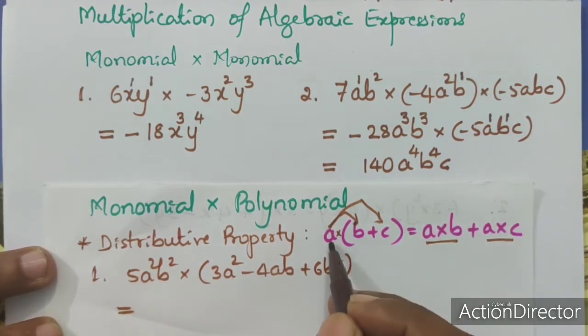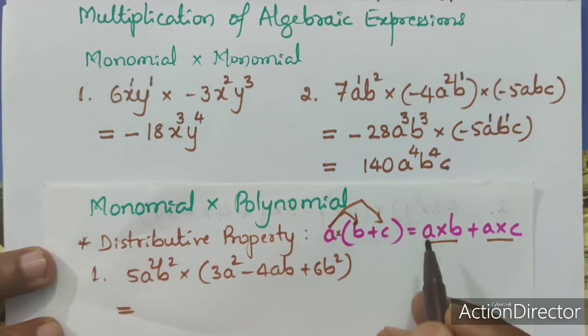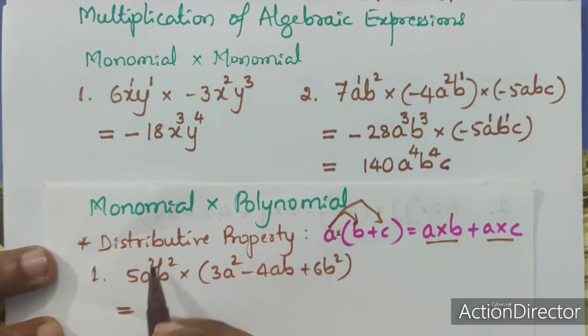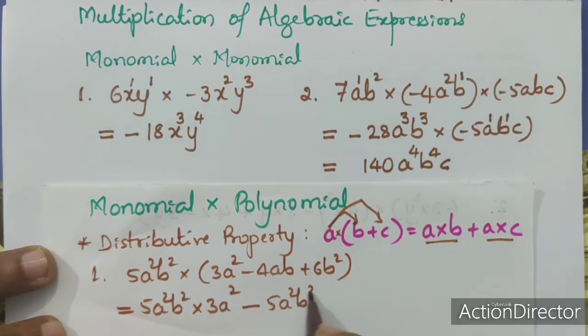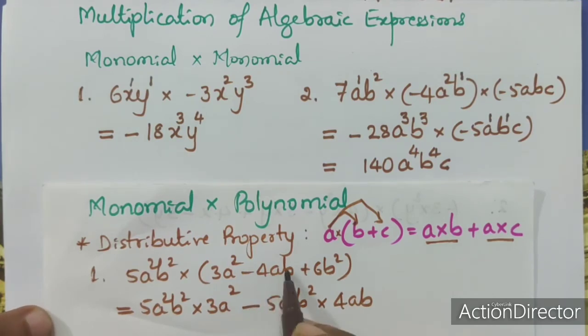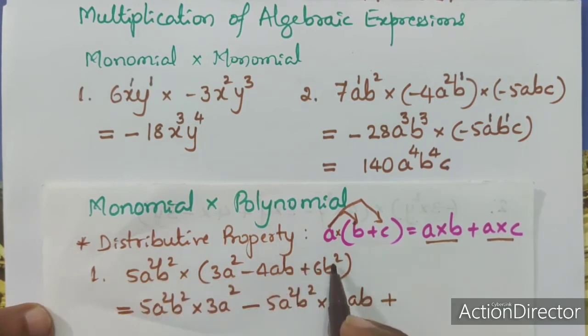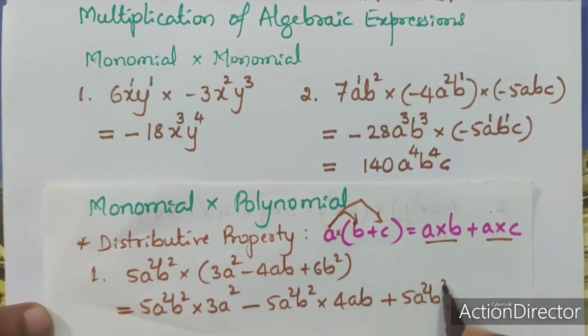This 5a square b square should multiply all these 3 terms inside. First let us multiply 5a square b square into 3a square, then minus again 5a square b square into, this time, 4ab. Minus I have already taken here, therefore only 4ab I am writing. Next plus again 5a square b square into the last term, 6b square.